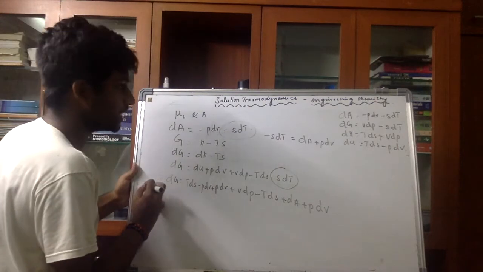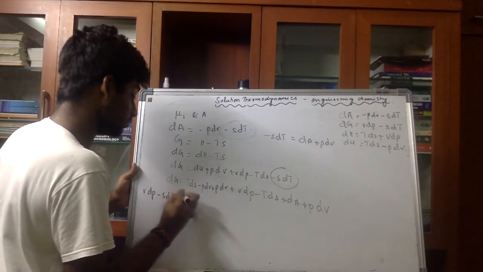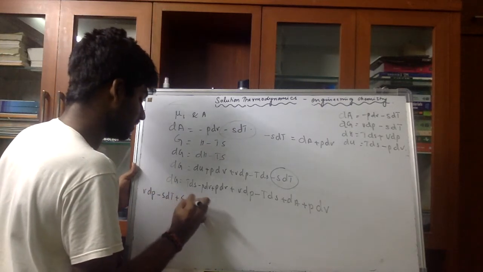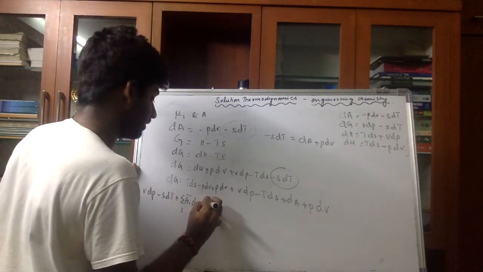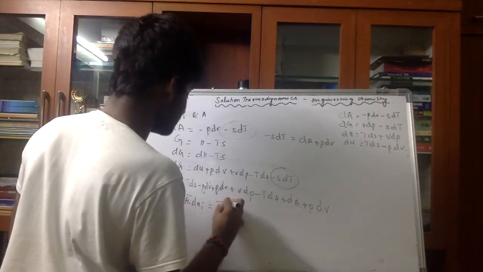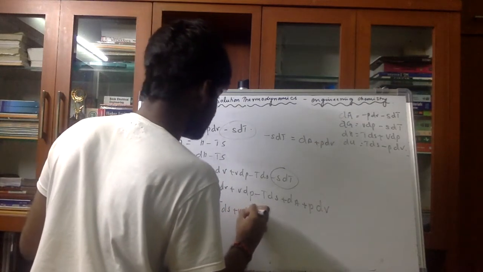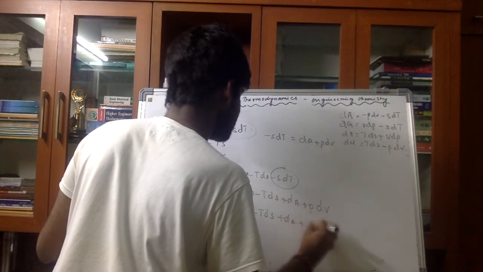So now next let me substitute for dG here. Okay, so now dG is equal to VdP minus SdT, and then you're supposed to include even your sigma I gi bar dni, and that is equal to minus PdV plus PdV gets cancelled, so TdS plus VdP minus TdS plus dA plus PdV.